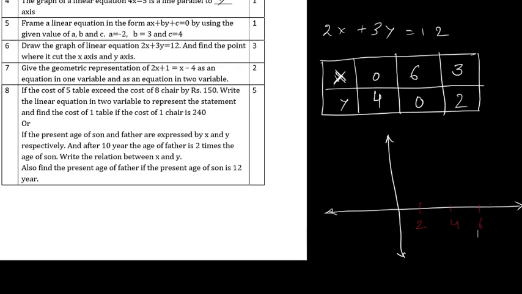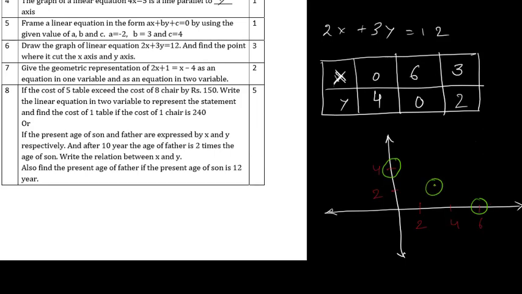Here along y-axis also I will mark 2, 4, okay, for simplicity. Now 0 comma 4, so along x-axis 0, y-axis 4, so you have one point here. Then along x-axis 6 and along y-axis 0, you have one point here, and along x-axis 3 and along y-axis 2, you have one point somewhere here.